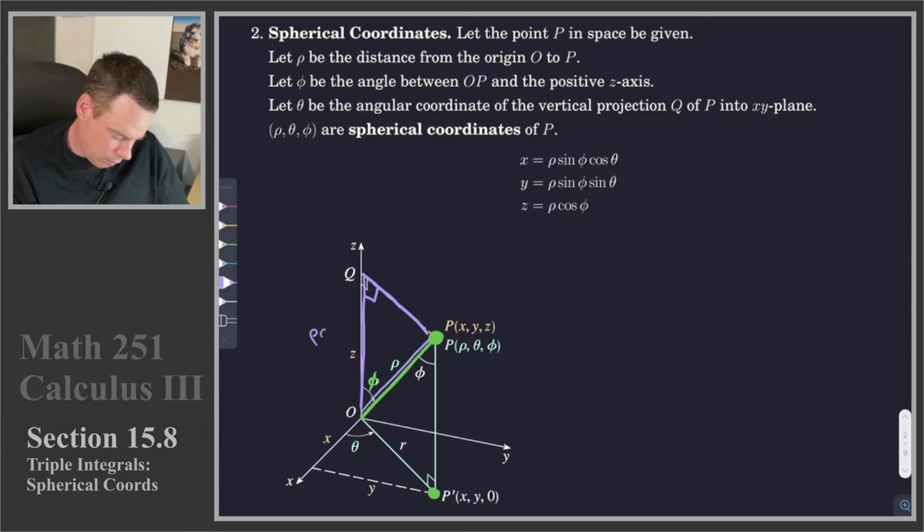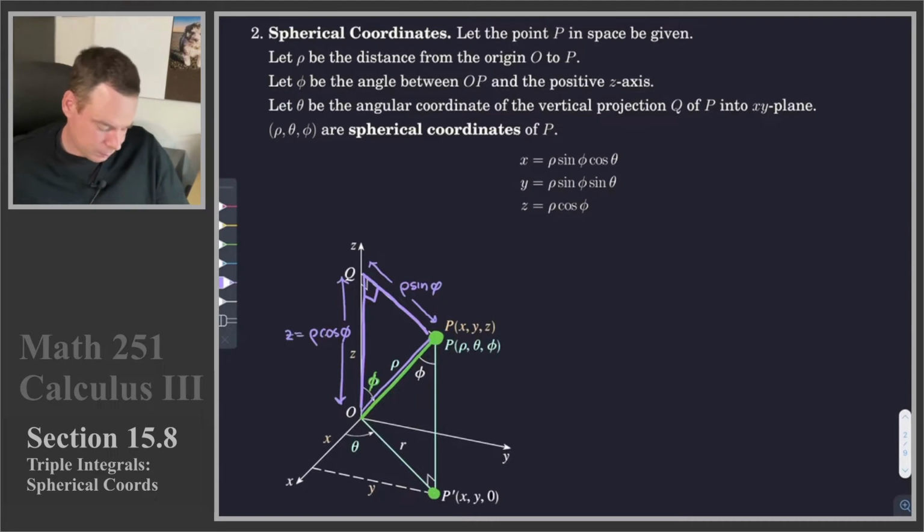This would be rho cos phi, whereas this one is rho sine phi. So that distance there is rho sine phi, whereas the z value of the point in this case is rho cos phi. So we can even write z is equal to that. That tells me already I have a relationship between the rectangular coordinates and the spherical coordinates. z is equal to rho cos phi.